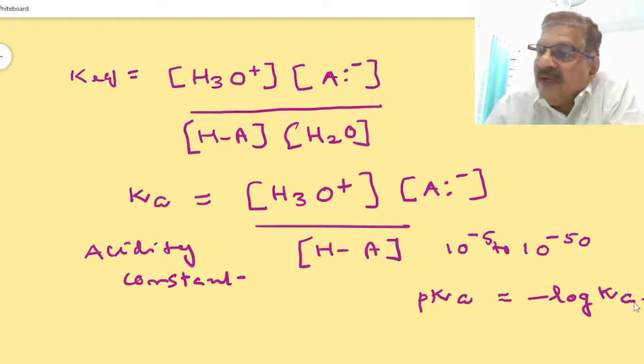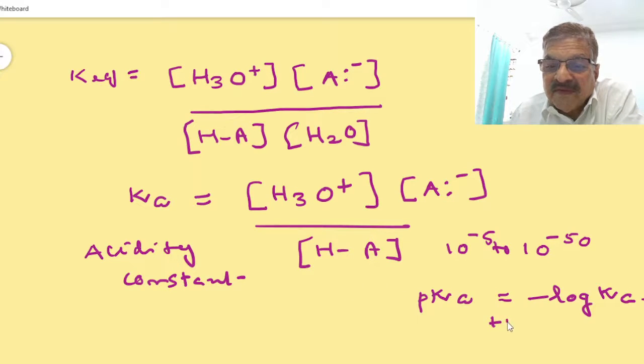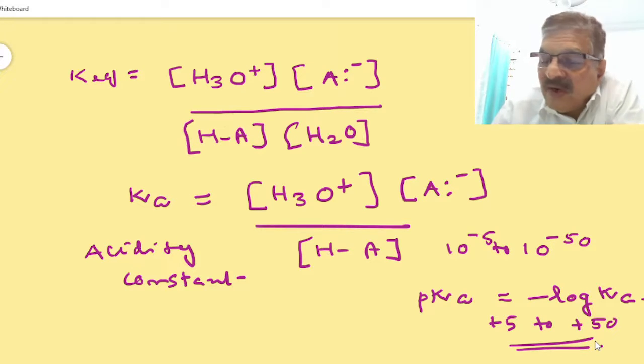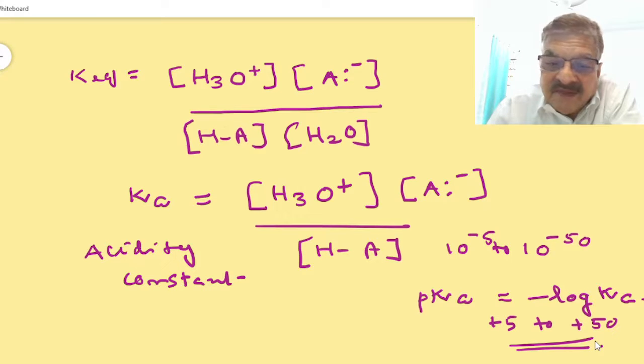Therefore, pKa values of typical organic acids will be in the range of say plus 5 to plus 50. Smaller number, stronger acid. The smaller the value of pKa, the stronger the acid. So increasing pKa value means decreasing acidity.